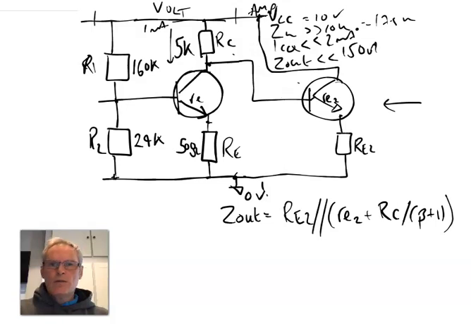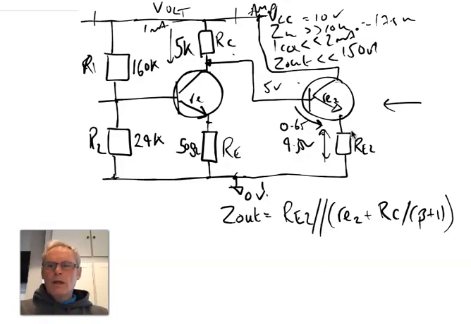So what we need to do is think about what the DC voltage is going to be across this RE2. Well, we can calculate that because we know that there's going to be a volt drop here, approximately 0.65. We've DC biased this to be at 5 volts, so we can predict that this is going to be approximately 4.35 volts.